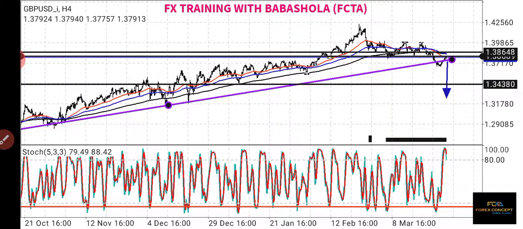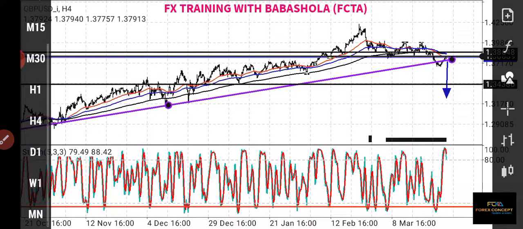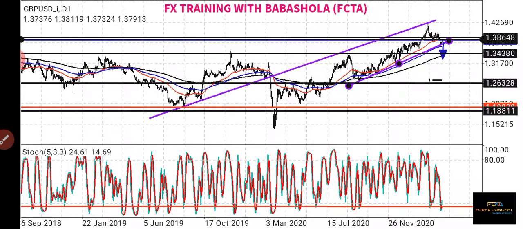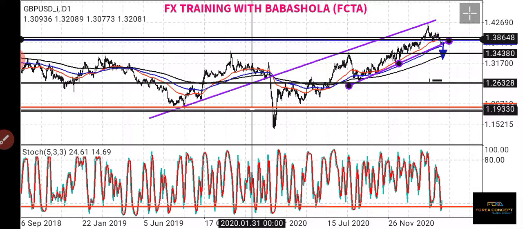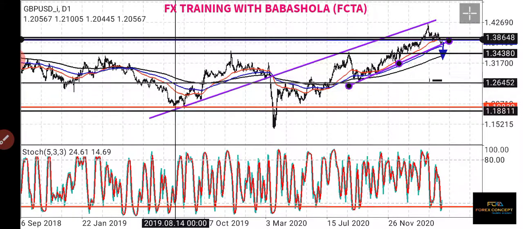Why did I put it around this region? Because this is where the next support level lies, around this region.